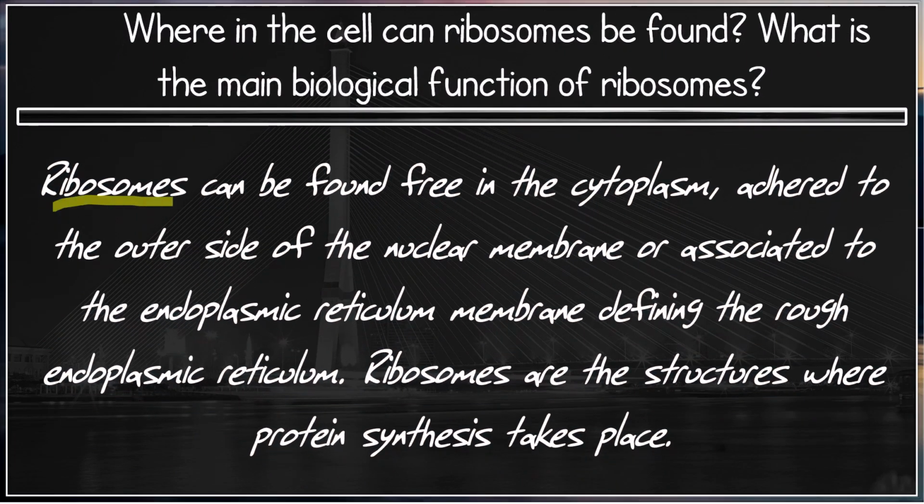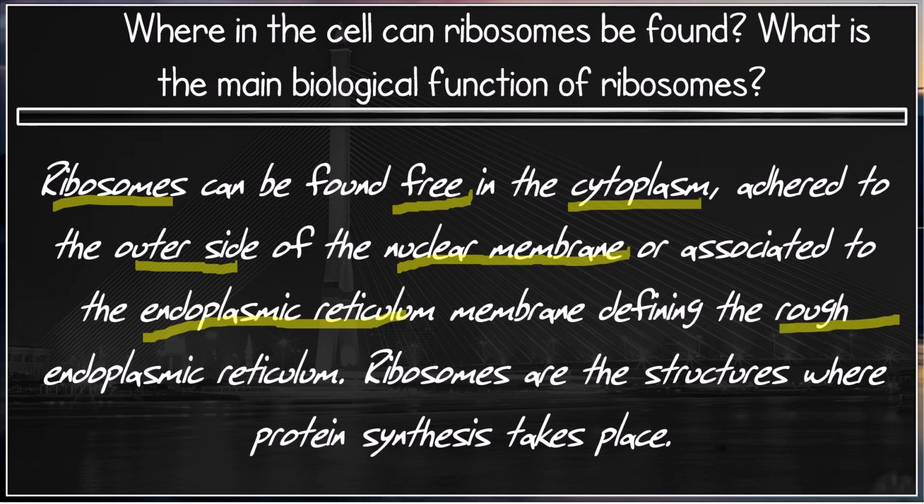Ribosomes can be found free in the cytoplasm, adhered to the outer side of the nuclear membrane, or associated to the endoplasmic reticulum membrane, defining the rough endoplasmic reticulum. Ribosomes are the structures where protein synthesis takes place.